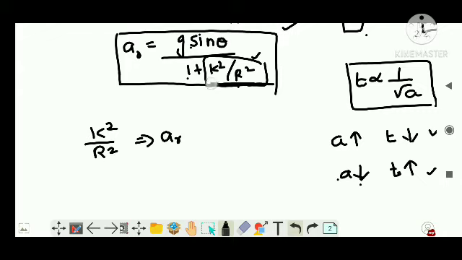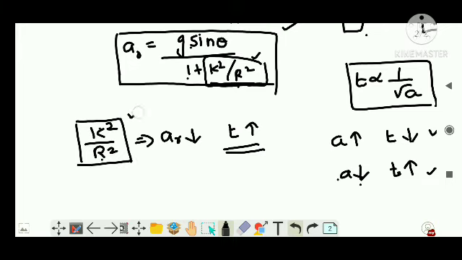When the denominator part increases, a decreases, that means time increases, right? So if someone asks which will reach the ground later, or which will take more time, then I can just select that object which has the higher k squared by r squared value. Because when k squared by r squared is higher, acceleration reduces, that means more time to reach the ground.